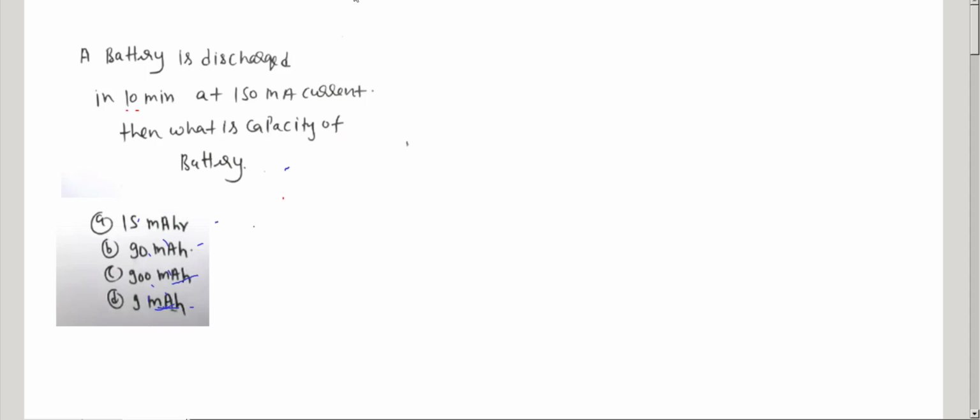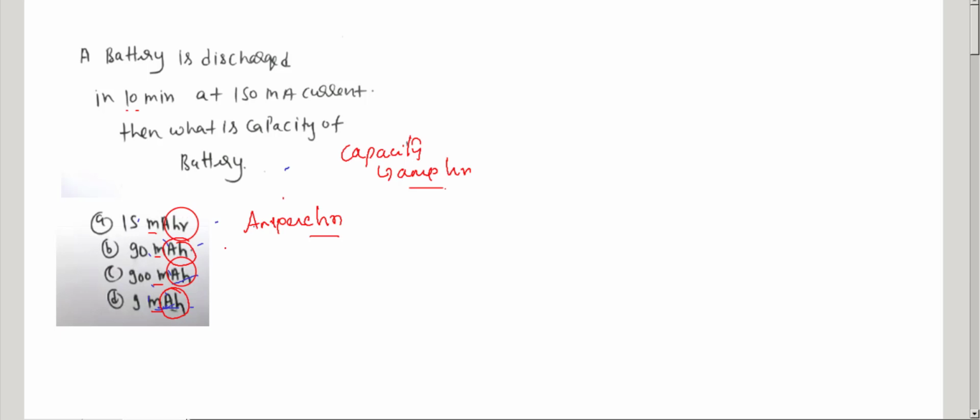I can see the options are all milliampere hour. So ampere hour is the unit for the capacity of the battery.